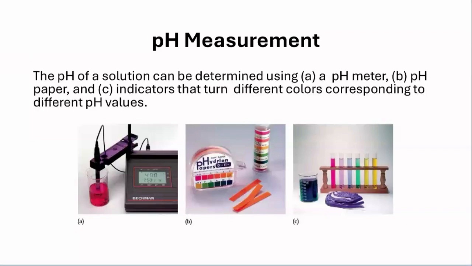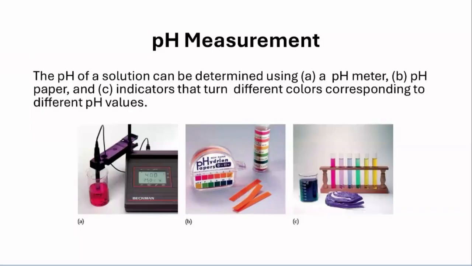So even though there are color changes, we look at the specific guide that we have on the pH paper that we purchase, and depending on the color that the pH paper turns once it's submerged into a substance, we can determine the pH of a solution.